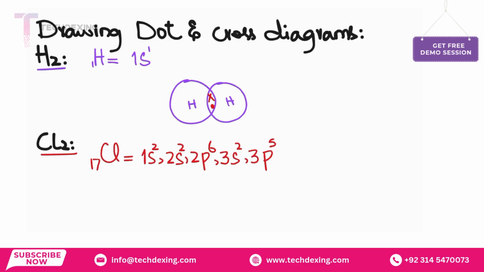So it means that the chlorine is having 7 electrons in the valence shell because these two subshells are related to the valence shell. So we can draw a circle for the chlorine, this red circle for the chlorine.